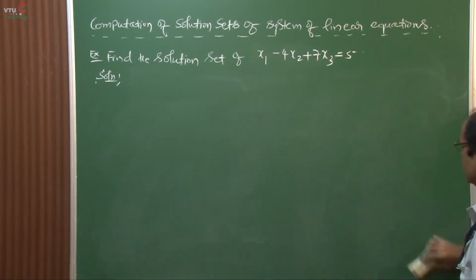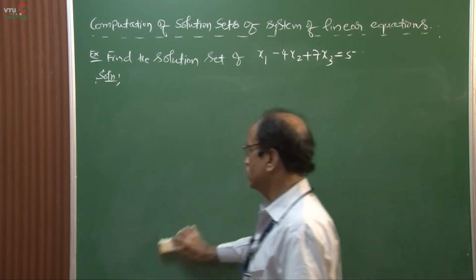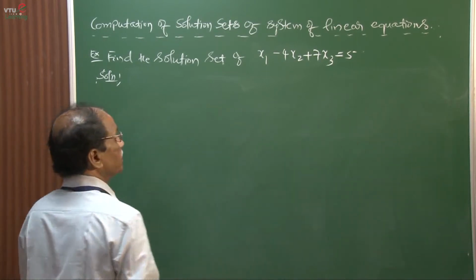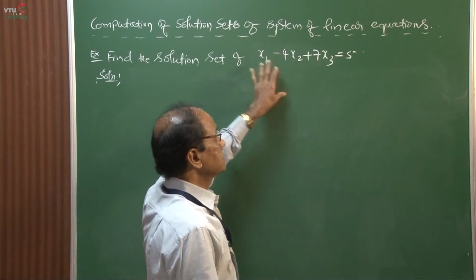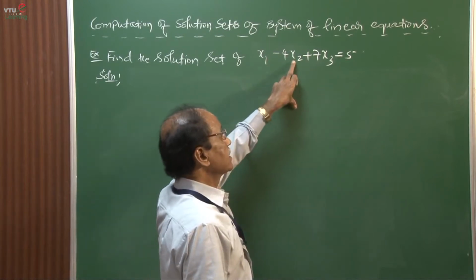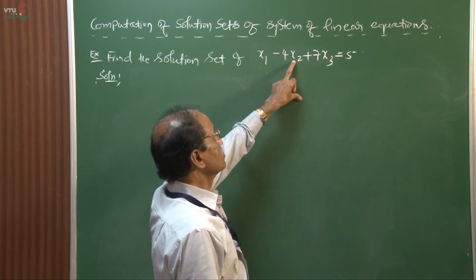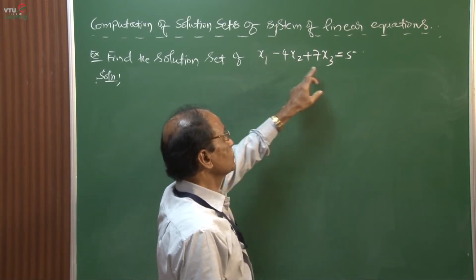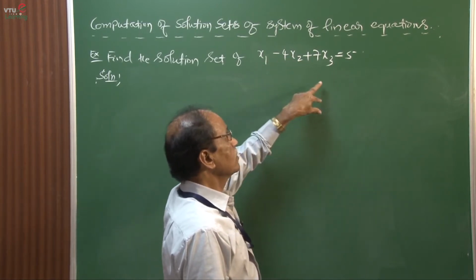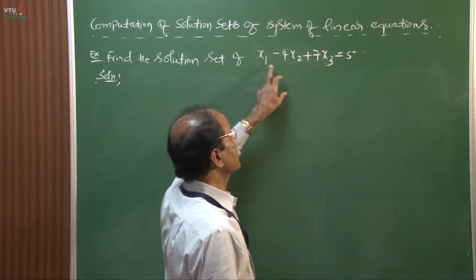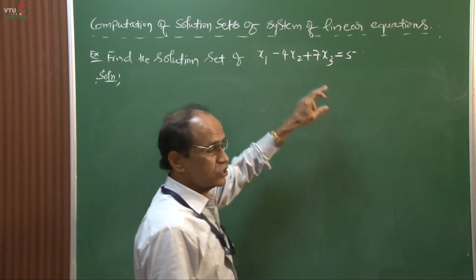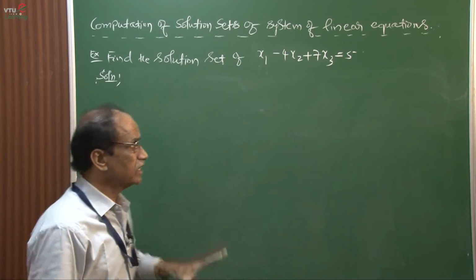Trial values depend on x1 in terms of x2 and x3. Trial values depend on x2 for the input of x1 and x3. Trial values depend on x3 for the input of x1 and x2. So three possibilities you can calculate.